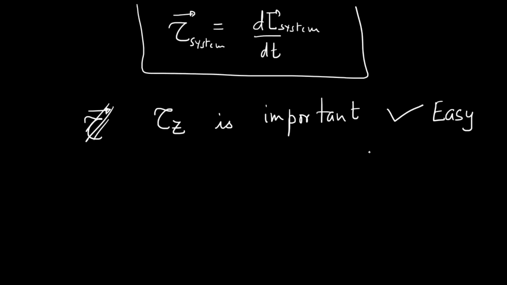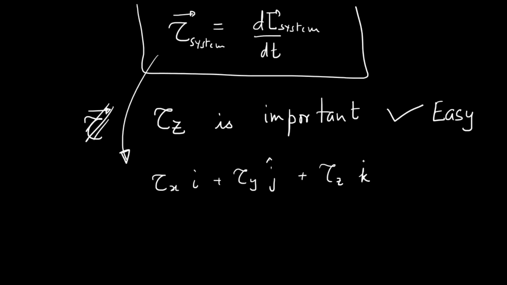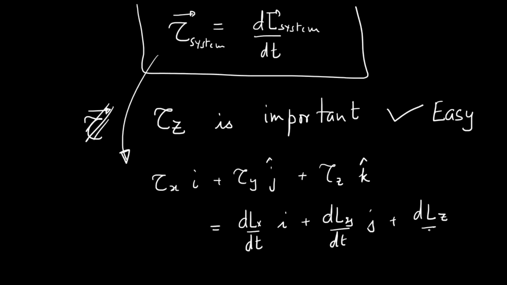So now when we try to apply this law to this problem, let's try to write this. Tau x i plus tau y j plus tau z k is equal to dLx by dt i plus dLy by dt j plus dLz by dt k.